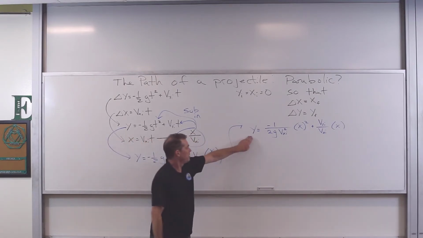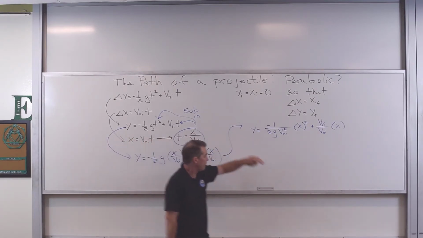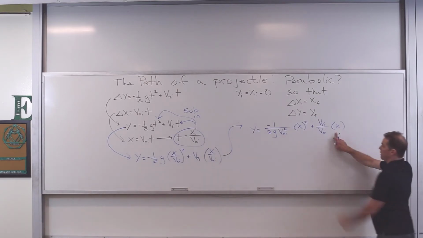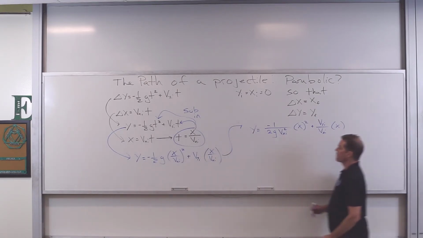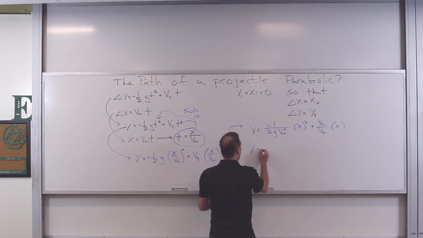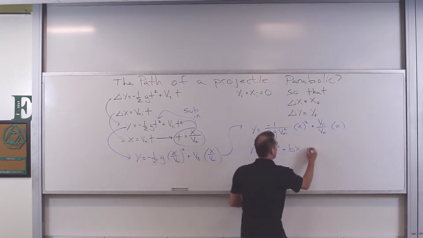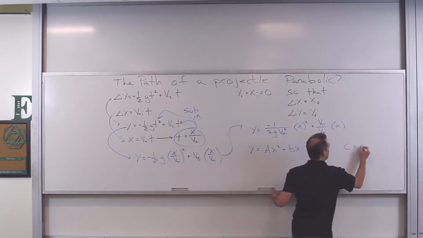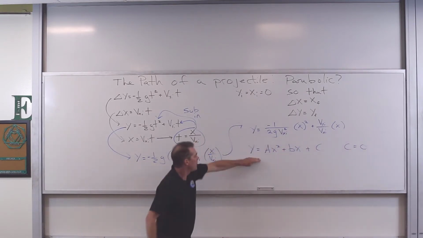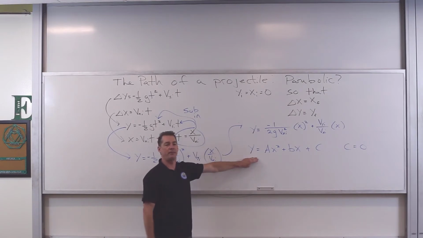This is the y position as a function of the x position. And look at this. We have something of the form y equals ax squared plus bx plus c, or in this case, c is equal to 0. What's this a generalized equation of?